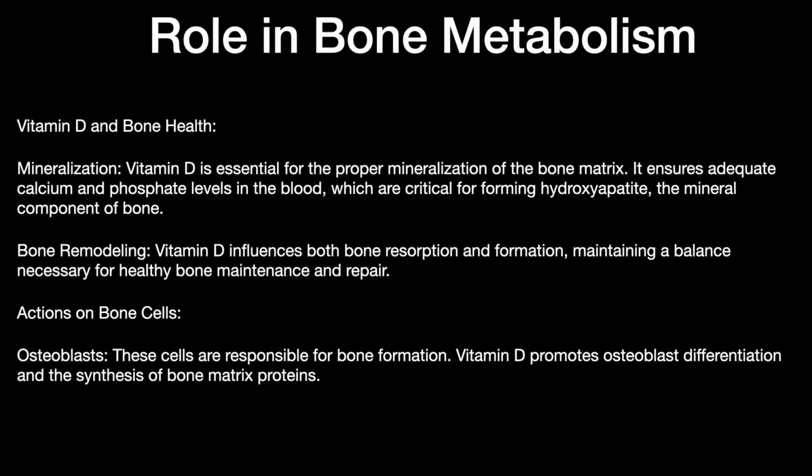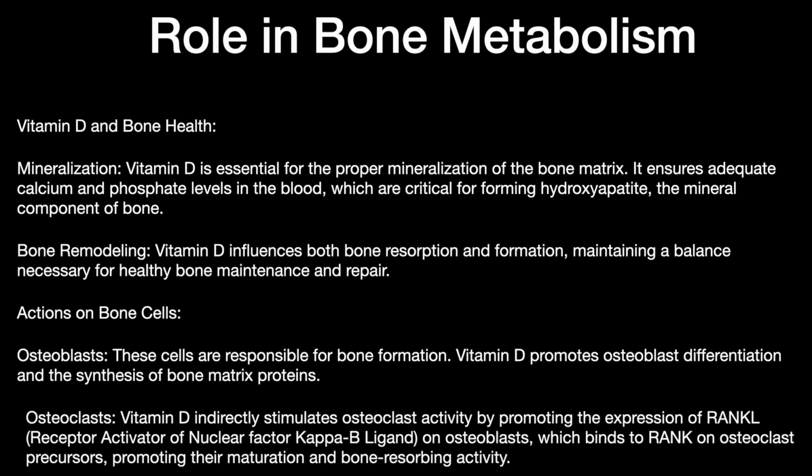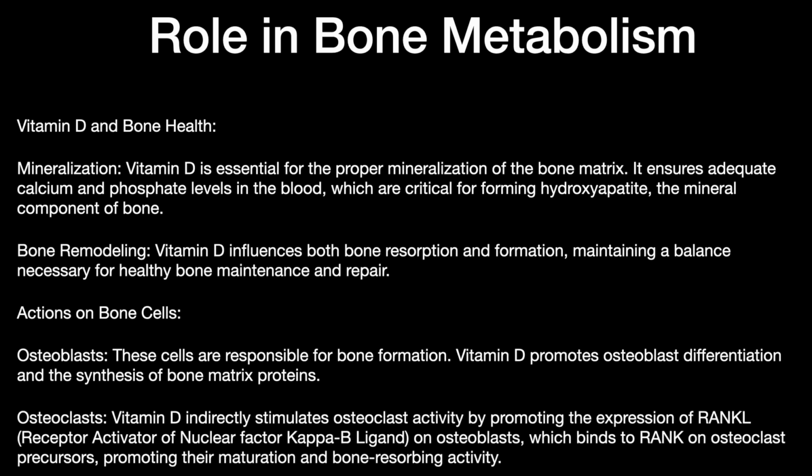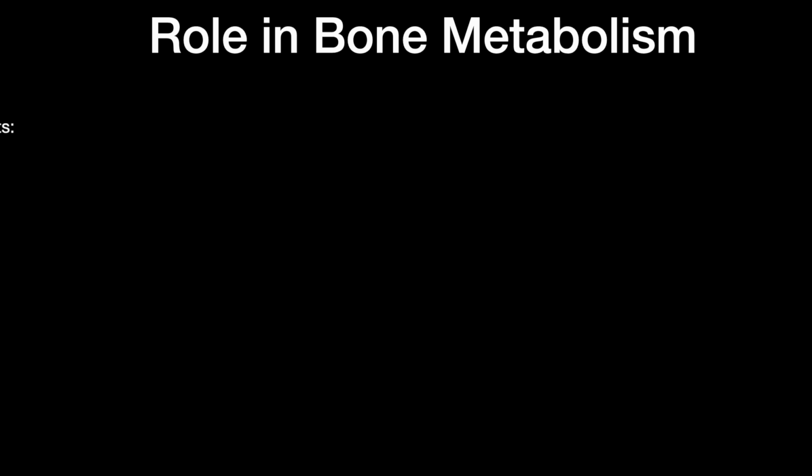Vitamin D promotes osteoblast differentiation and secretion of the bone matrix. And on osteoclasts, it indirectly stimulates osteoclast activity by promoting the expression of RANKL on osteoblasts. This binds to the RANK on the osteoclast precursors, promoting their maturation and bone resorption activity.